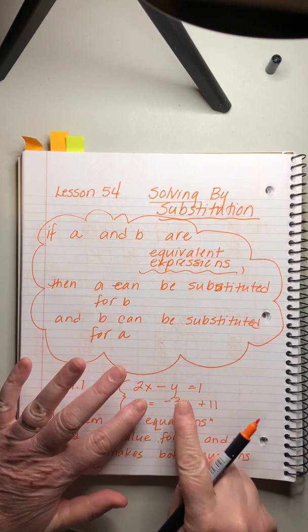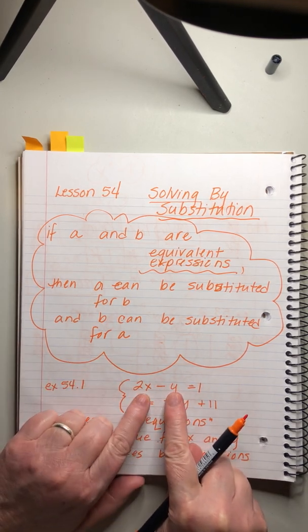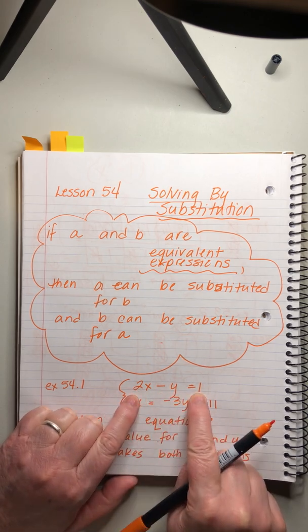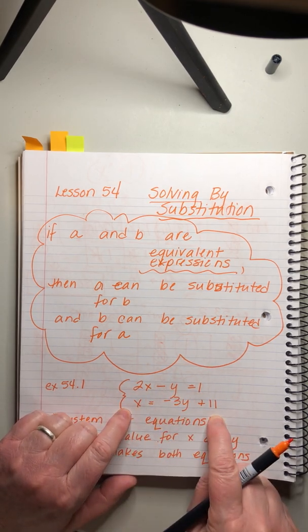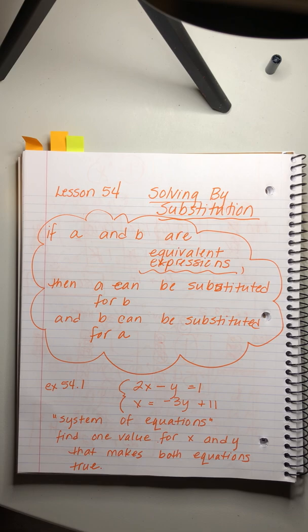Okay? So we're looking for values that we can use for x and y that will make this equation true and that will make that equation true. Solving a system of equations is something that we're going to find very useful for lots of different problems.